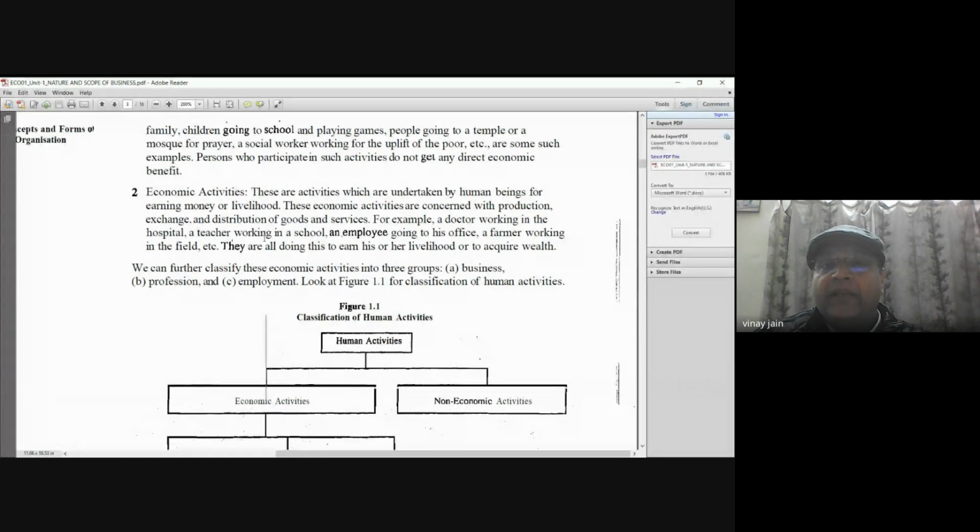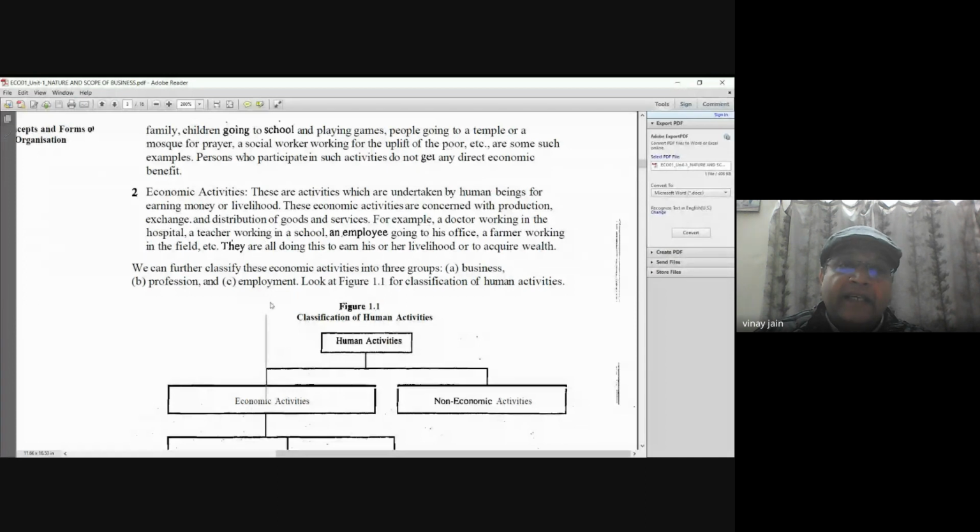For example, a doctor working in a hospital, a teacher working in a school, an employee going to his office, a farmer working in the field, etc. They are all doing this to earn their livelihood or to acquire wealth.